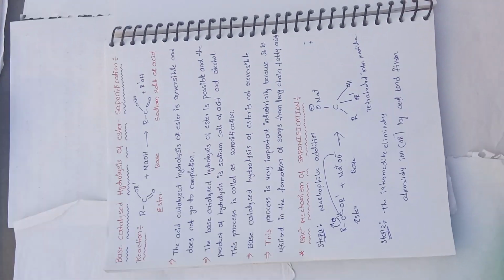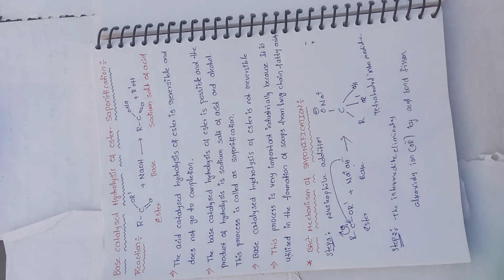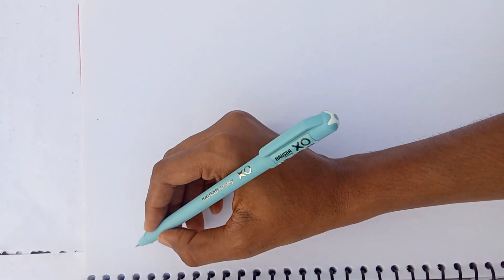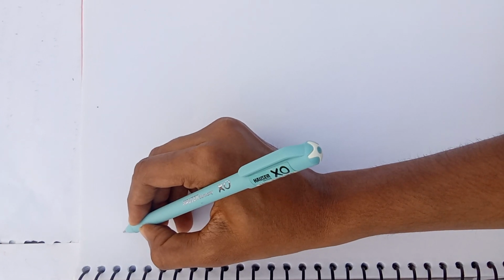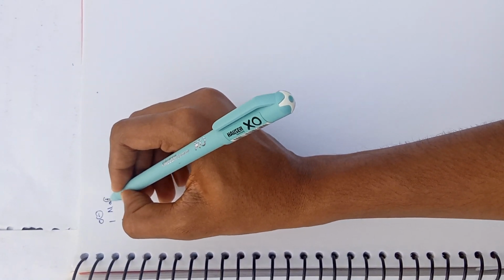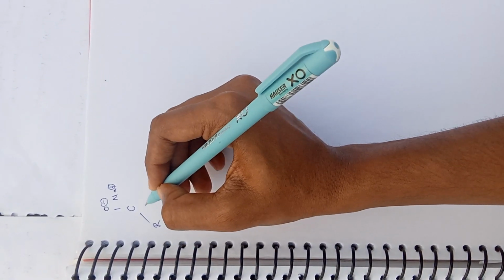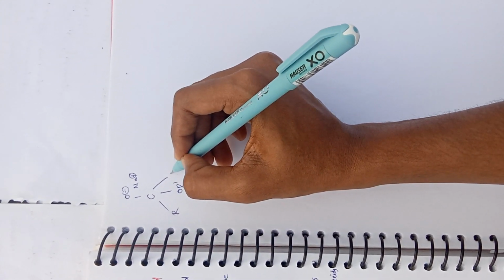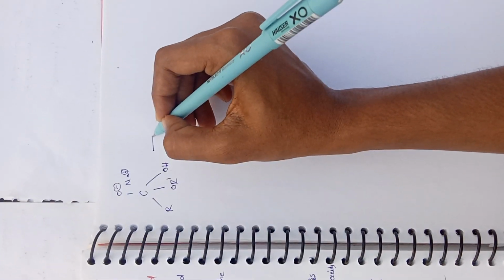So you have to write the intermediate. So what is the intermediate? Here O minus Na plus and R, again OR dash, here OH. So what happens? The intermediate eliminates alkoxide ion.